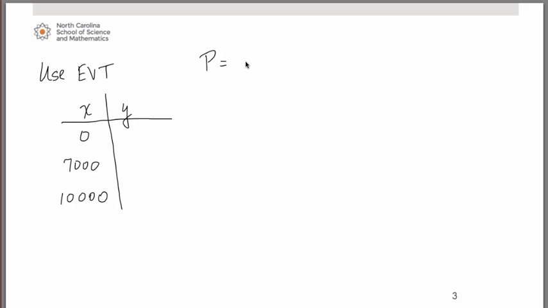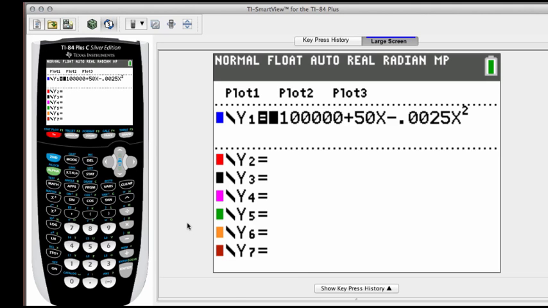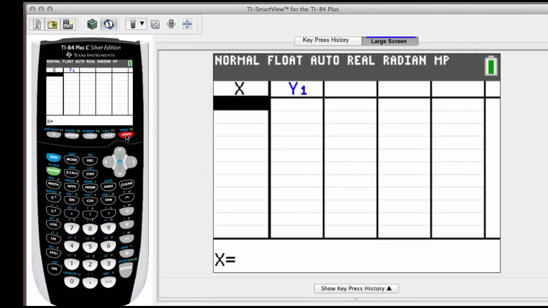Remember what that was after I simplified it. You easily can do this on your table, on your graphing calculator. If you substitute the original profit equation under Y1 in your calculator, you can go into your table and we'll go ahead and complete our table of values. We have the endpoints of our domain, 0 and 7,000.